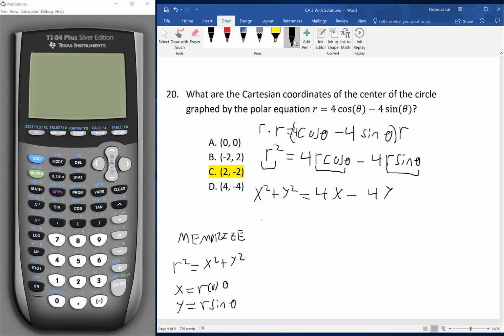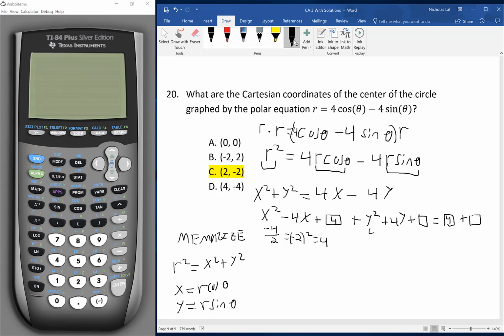Get everything on one side. X squared minus 4x plus my complete the square term plus y squared plus 4y plus my complete the square term is equal to my 2 complete the square terms. To find my complete the square terms, I take negative 4 divided by 2. That's negative 2. Square it. That's 4.